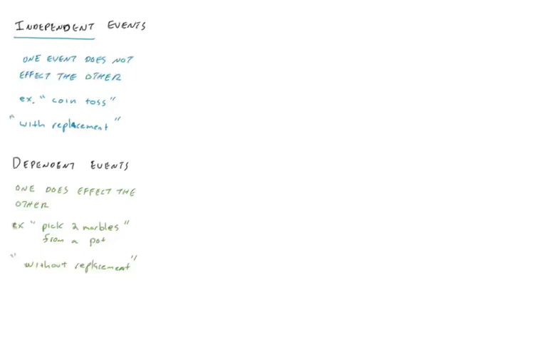And something that's different now is that we're going to be talking about multiple selections. So we're going to be having multiple events, but we're going to be talking about multiple selections there. So for multiple selections, we're going to use the multiplication rule.